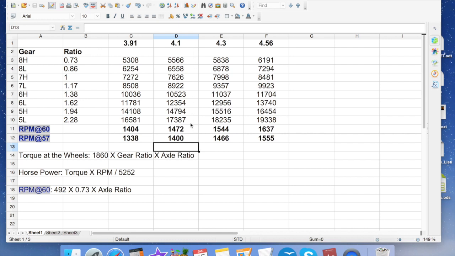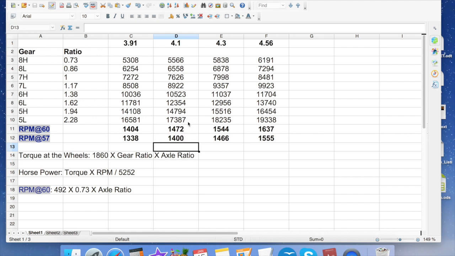Nothing changed except now, because I have more torque at the wheels, I'll probably be able to either reduce my RPM and climb the hill with less RPM on the engine, or I can climb that hill faster, but I still have to use 5 low, right?